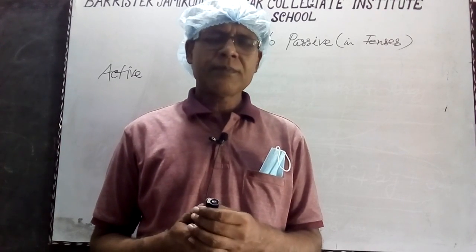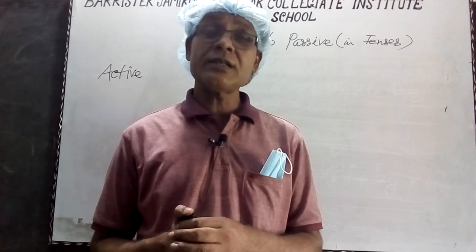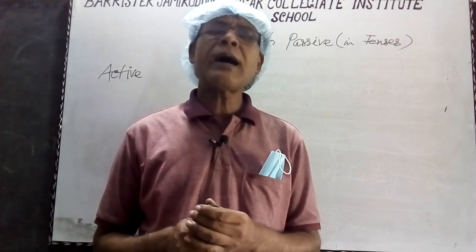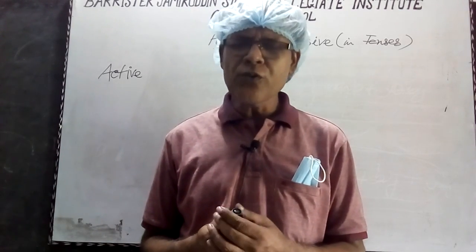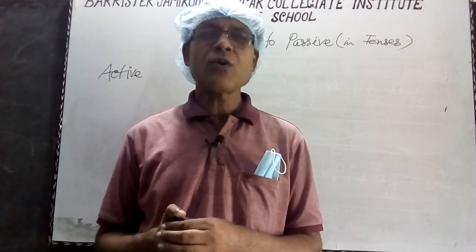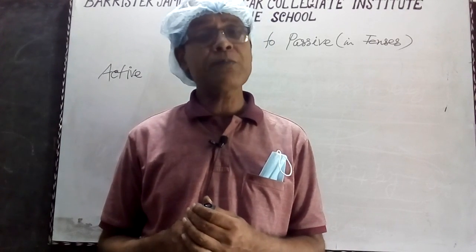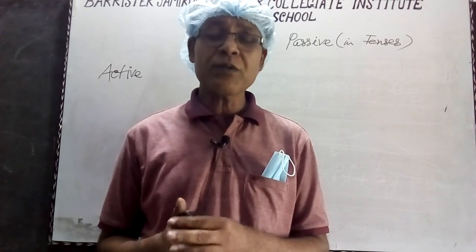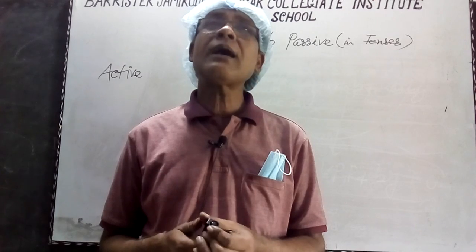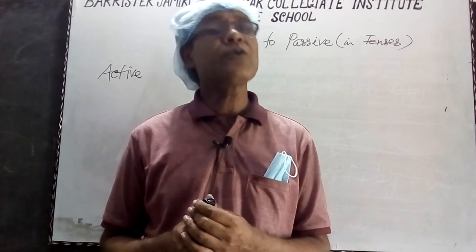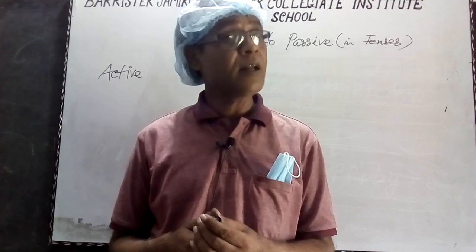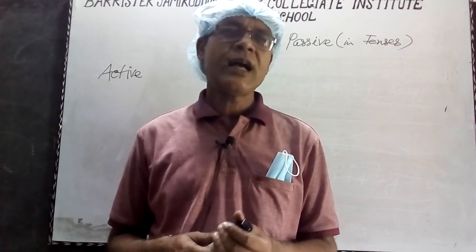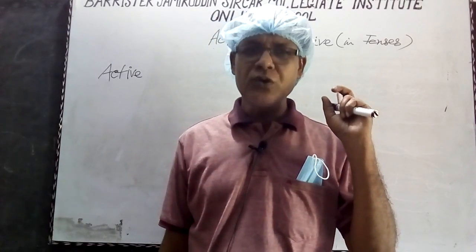If the verb is in the past indefinite tense, then we must use "was, were" and the verb in the past participle form. If it is in the continuous form, then we must use "being" after the auxiliary verb and the verb in the past participle form. If the verb is in the perfect form, then we must use "been". If there are modals, then we must use "be" after the modals in the passive form, and the verb will always be in the past participle form. And this is the end of today's lesson.